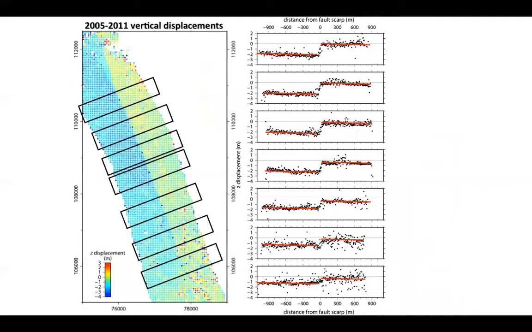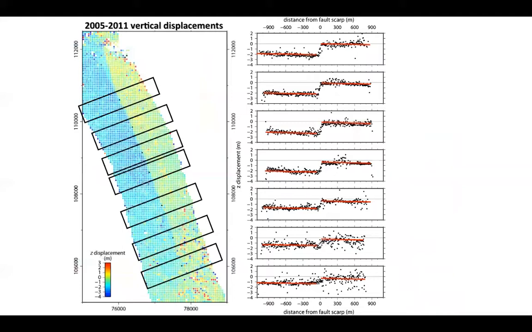The plot here shows the vertical differencing using the iterative closest point algorithm. And I'm not going to go into details about that right now, but by tomorrow at lunch, you'll know exactly how it works. But the point is here, we see that this eastern side of the fault has moved up by about 1 meter.